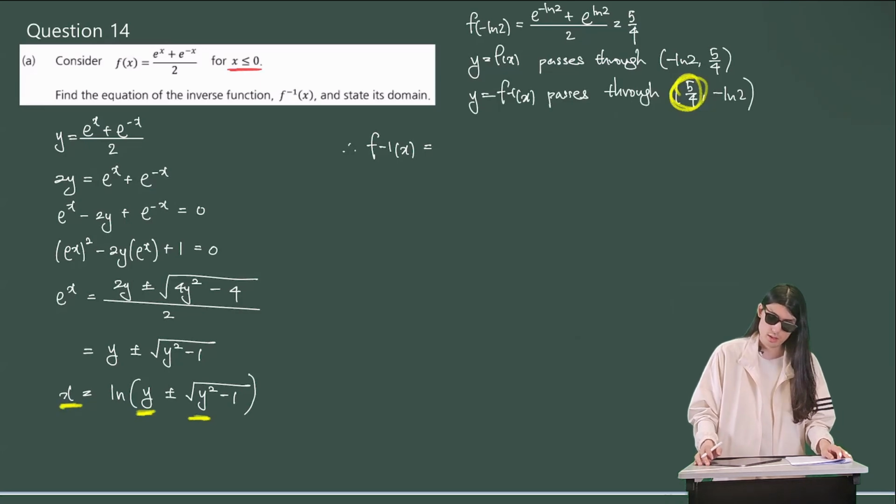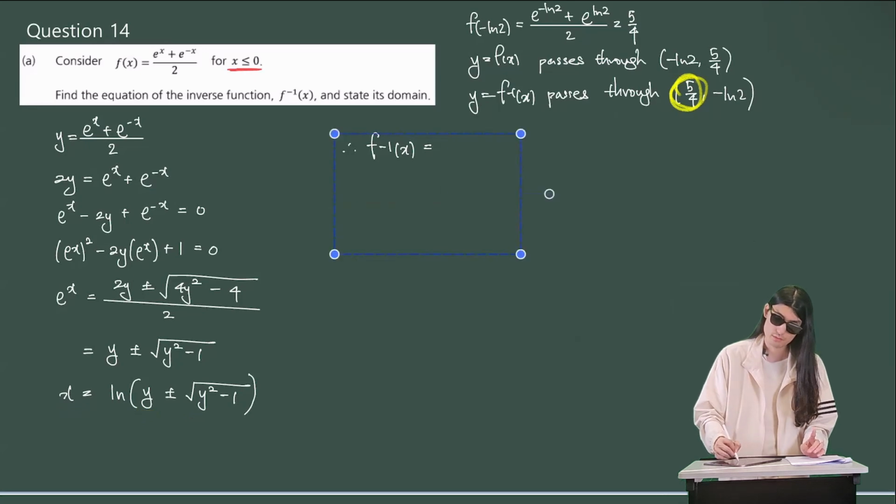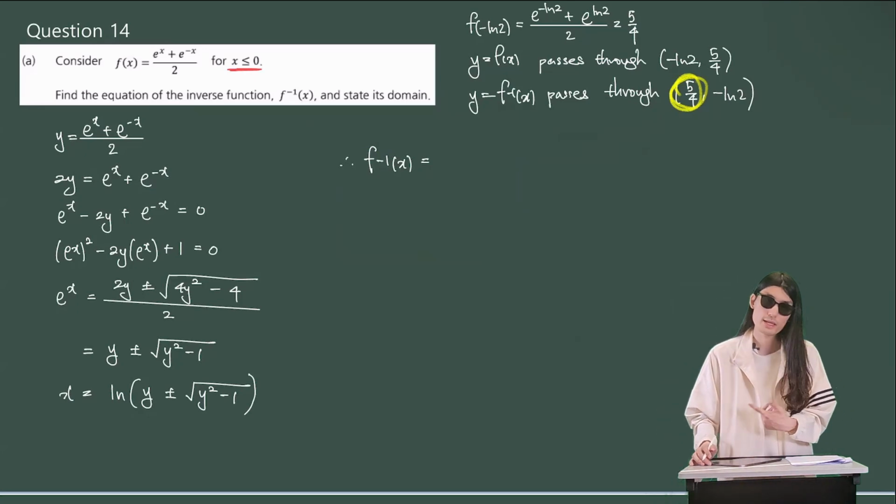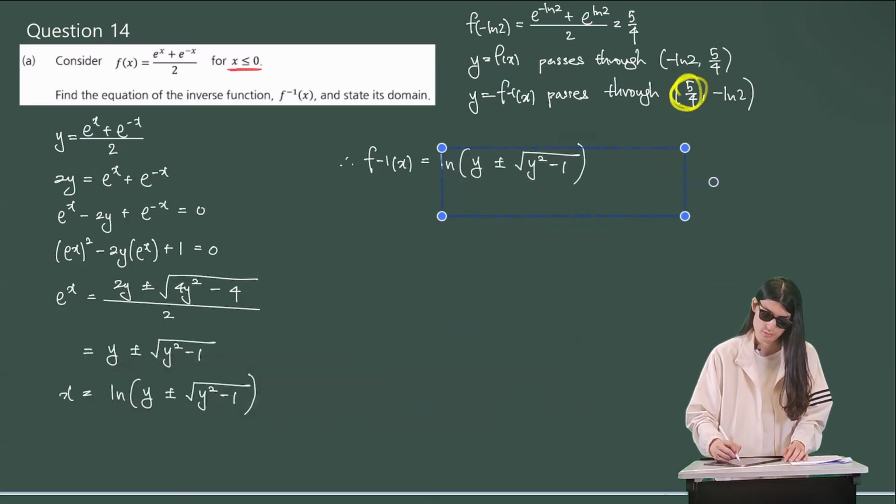And you chuck in 5 on 4, you test the plus or the minus, to figure out which one makes your output equal to negative ln 2. And when you do that in the calculator, you can realize that it is the negative one.